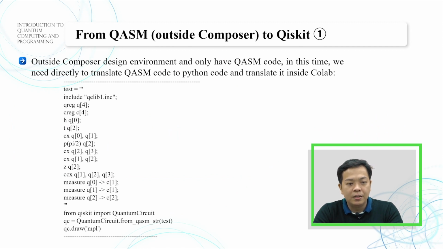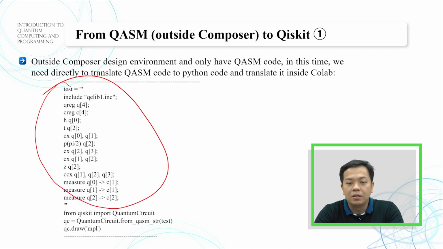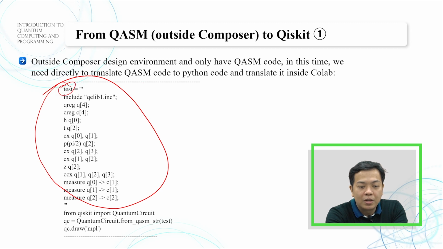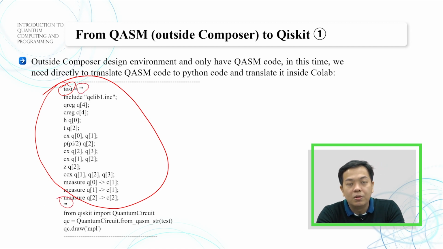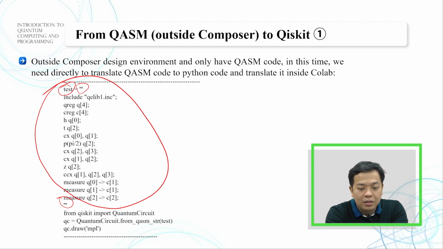Here in the Composer design environment, you can have the corresponding code in QASM. And this one is the code to convert between QASM and Qiskit. Over here, if you see this kind of variable, a variable test, and this piece of code, put it here to make sure, and then you can assign the variable.